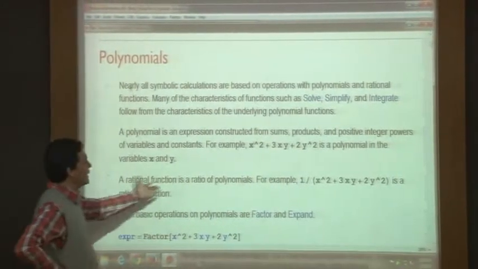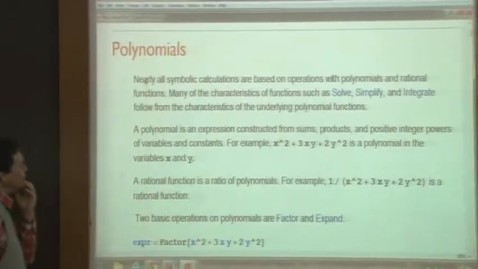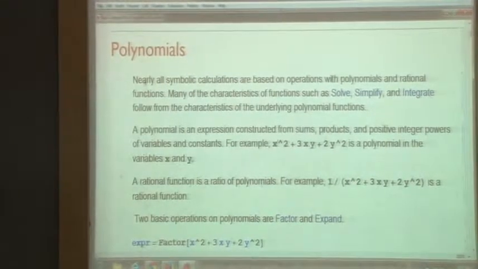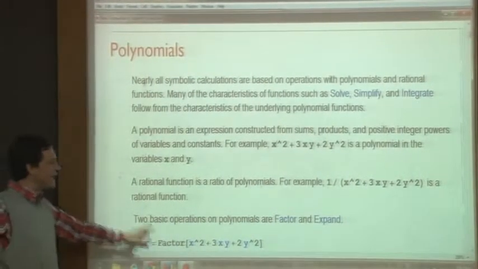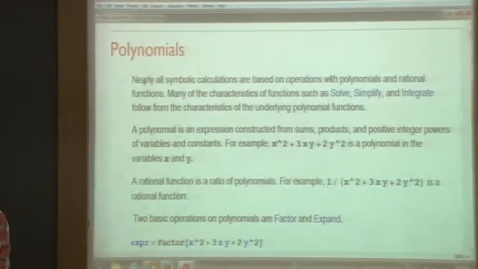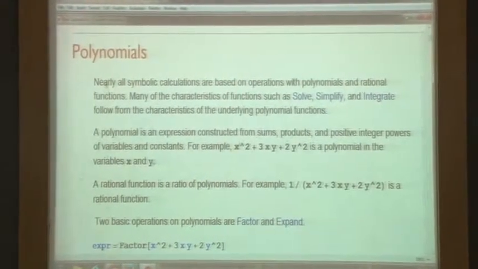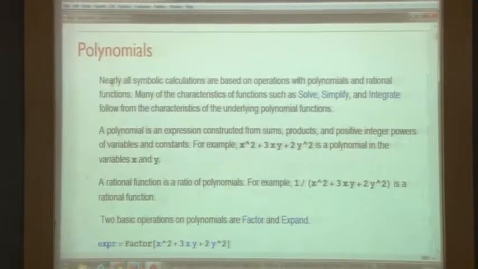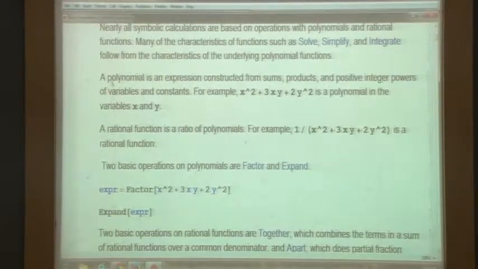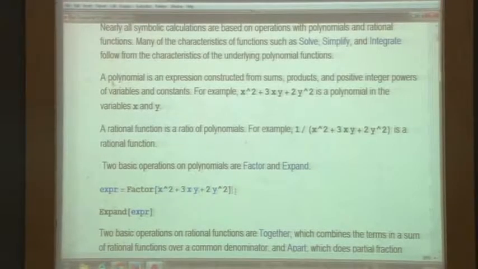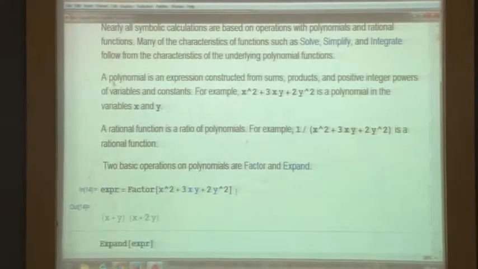We can clearly define rational functions as well. And the typical operations for polynomials are factor and expand. Those are the typical ones, right? So imagine that we got this expression and we want to factorize it.